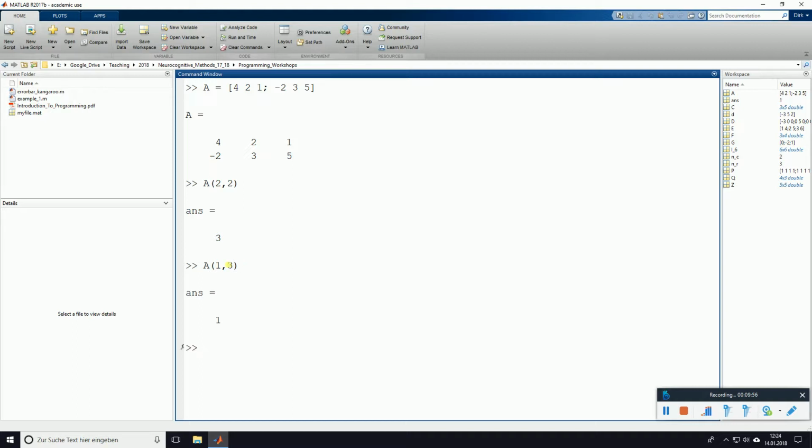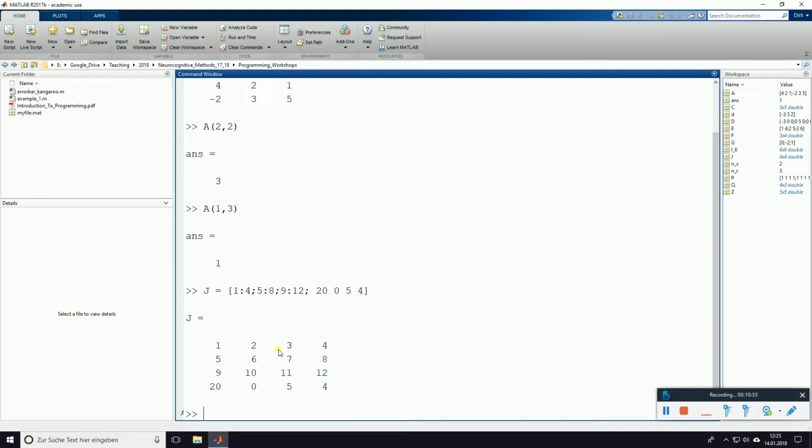Using colon notation, we can even do a little bit more. So let's specify a bigger matrix here. Here, I use semicolons, because I want to go to the next row.